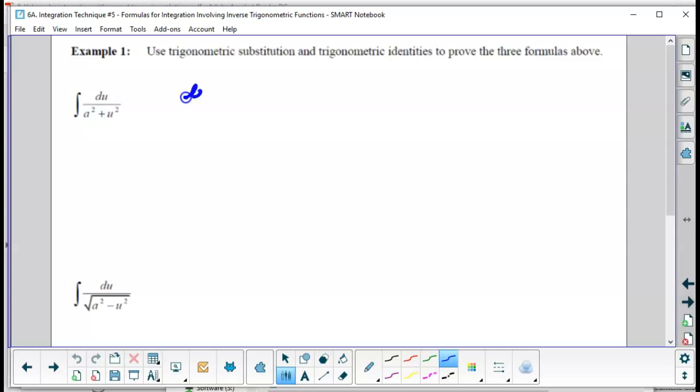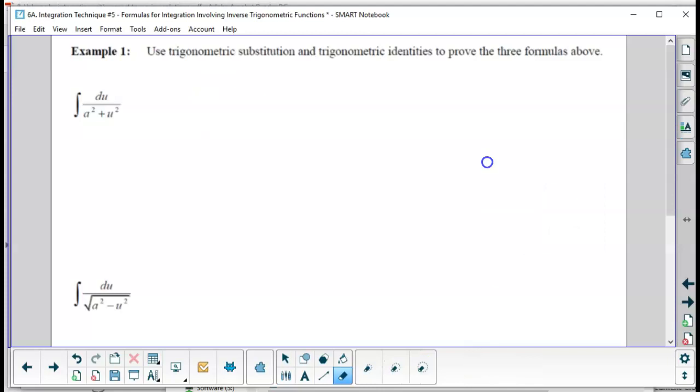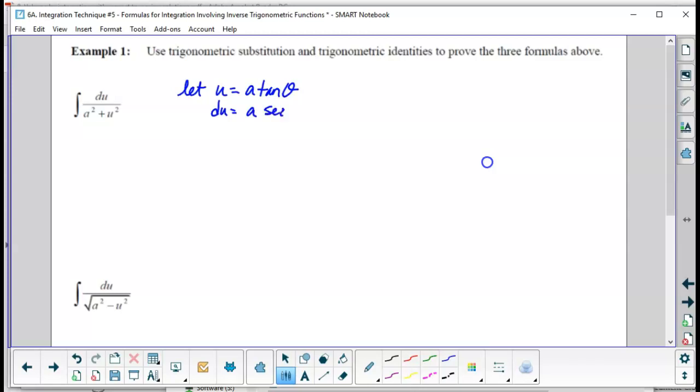So I'm going to let u equal, and square root of constant is a, so a tan theta, or you could use x if you wanted. So then du equals a, derivative of tan theta is secant squared.